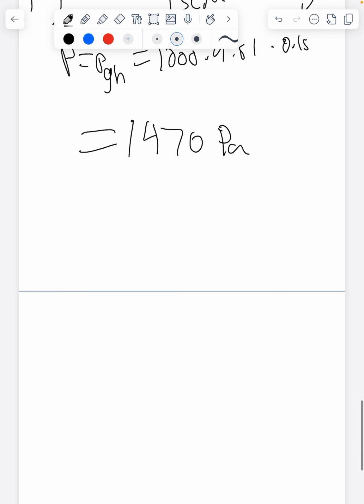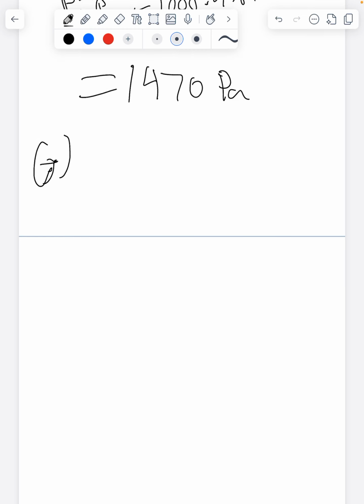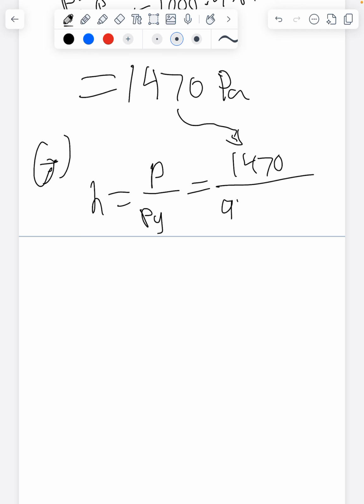Okay, now for our final question: at what depth below the surface of the oil is the gauge pressure the same as part F? Express your answers in correct units. All right, so we're just going to rearrange. h equals P over rho g, which would equal 1470, so that's basically what we just found, all over 916 times 9.81.